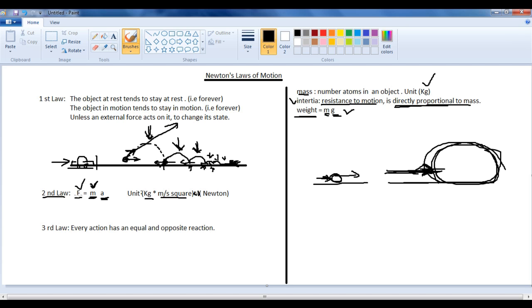Usually in books we say the unit of force is Newton. Actually, 1 Newton means kg into meters per second square. You should understand Newton tends to kg into meters per second square, guys. I hope you guys have understood.